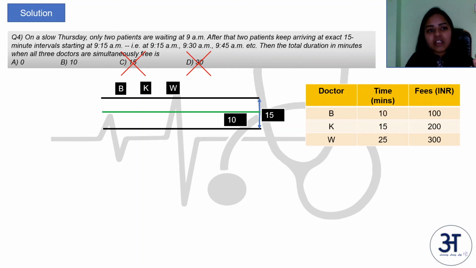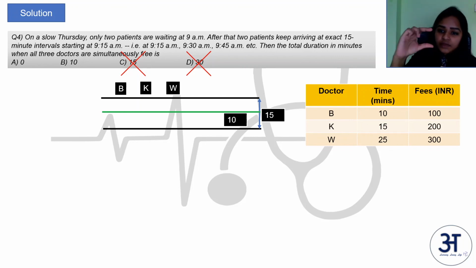So there's a 10-minute interval. It could be anywhere in that 15-minute interval, but definitely not at the starting. So if this is the period, it cannot be at the starting, because definitely two patients will be there. So after that, before the ending, it could be anywhere in between. So let us see if that is a possibility or not.